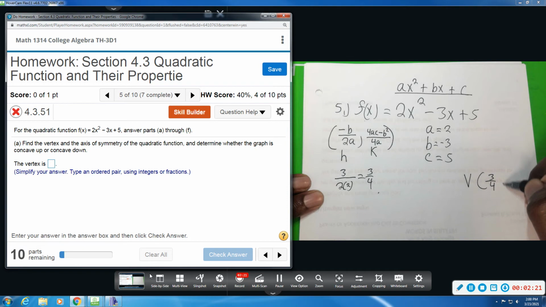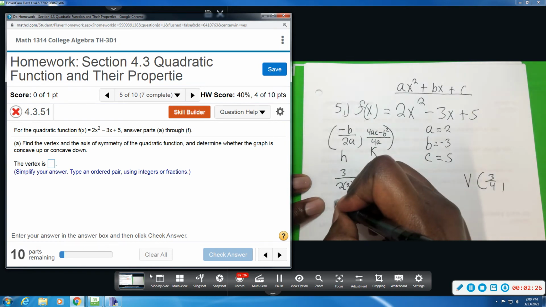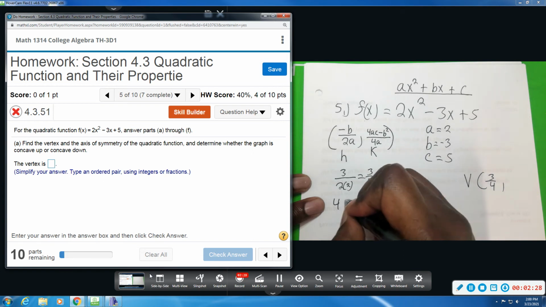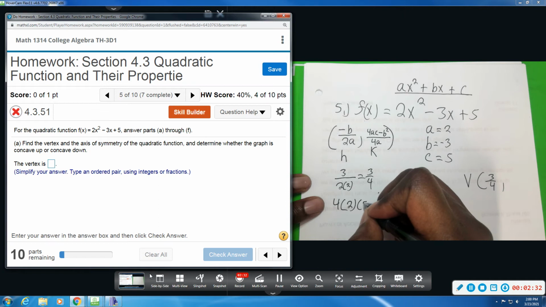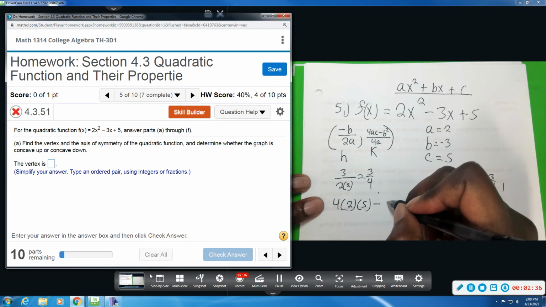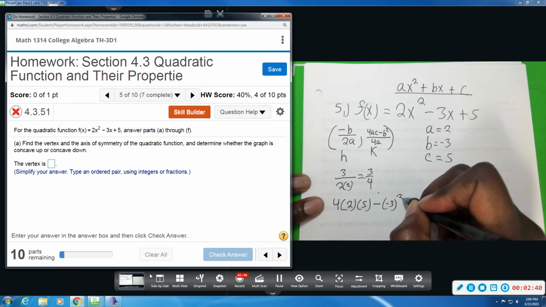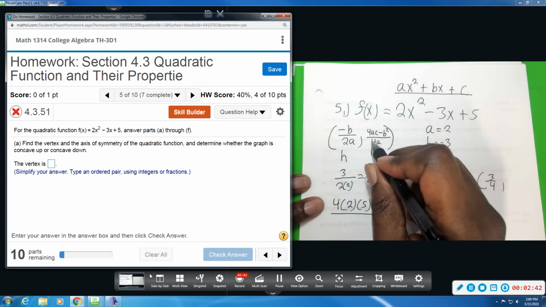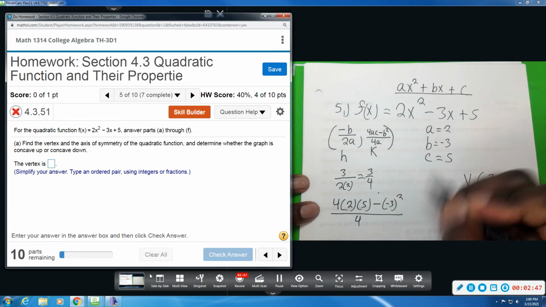All right, and now I have to find the y-coordinate. For that one, I have to do 4 times a, which is 2, times c, which is 5, minus b squared. B is negative 3, square it, divided by 4 times a, and a is 2.